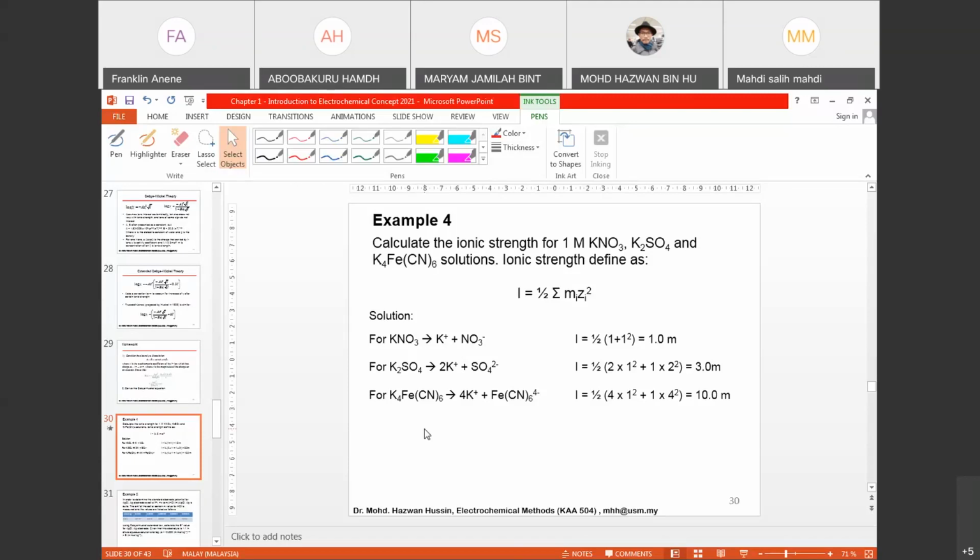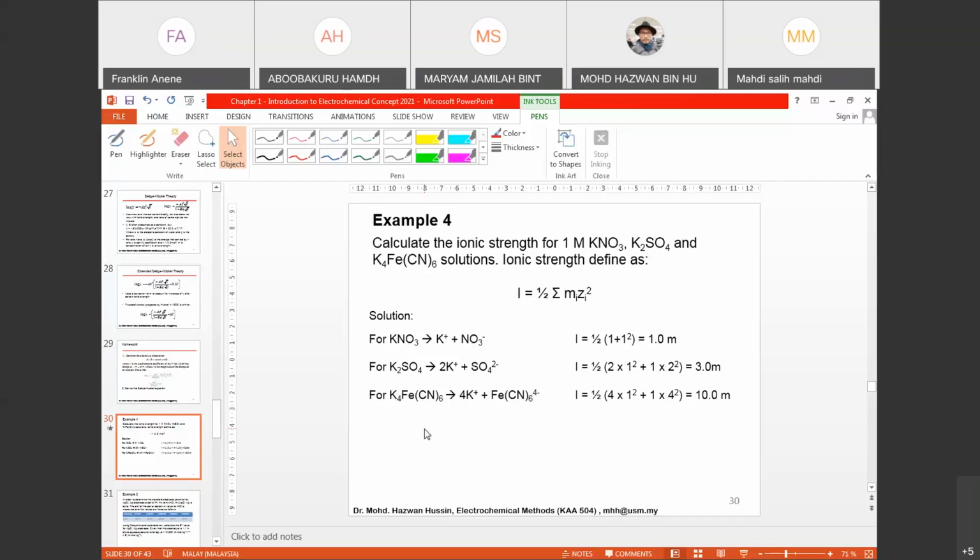Plus sulfate, which has 1 mole, multiplied by 2 squared because the charge is equal to 2. So 2 squared is 4, 4 times 1 is 4, plus 1 squared times 2 is 2. Then 2 plus 4 is equal to 6. 6 multiplied by half, you get 3. I hope it is okay for you guys.